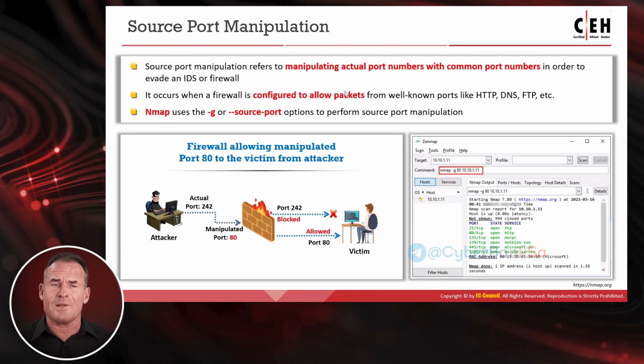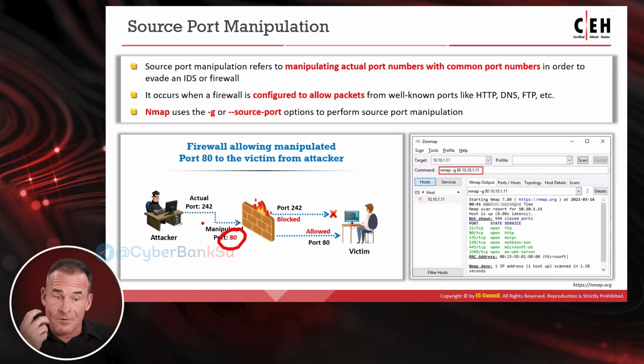Source port manipulation. I may not be able to scan in through a firewall, but I may actually manipulate source ports to allowable traffic, for example port 80. Typically a firewall allows traffic inbound from port 80 because if you're browsing the web from inside the perimeter, port 80 traffic has to be able to come back in, right?